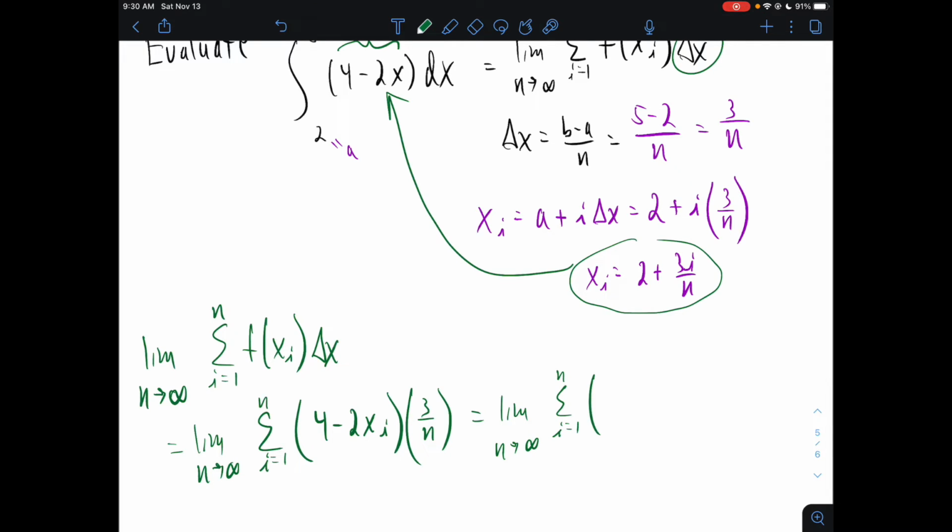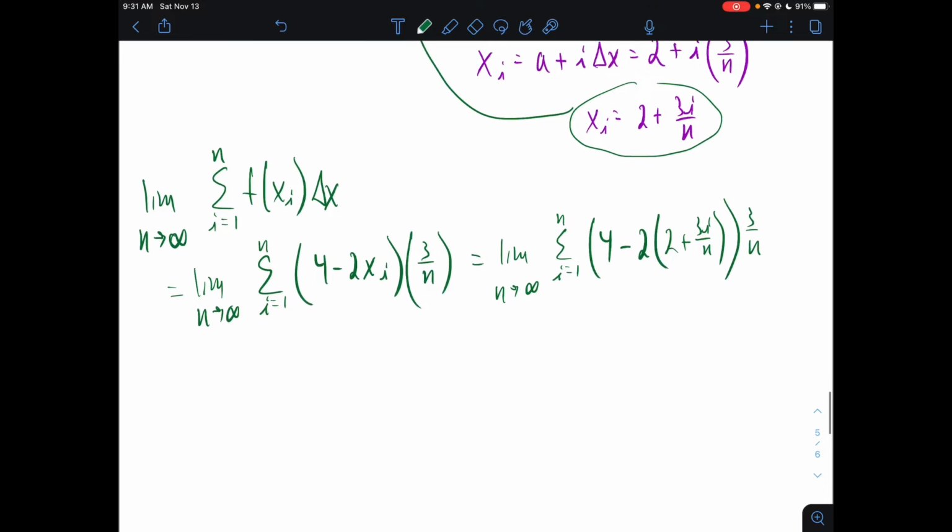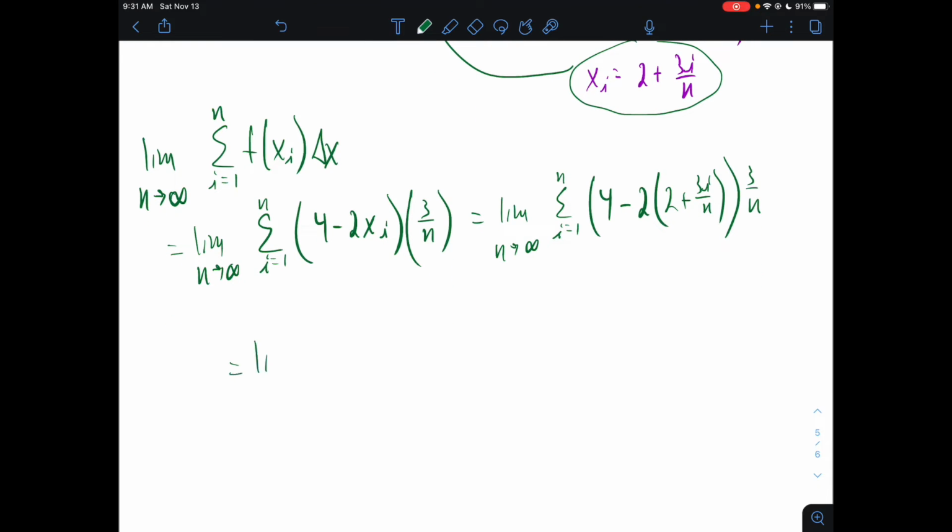Okay, so now let's plug in what we have for x sub i. So 4 minus 2 times, now I'm going to substitute in 2 plus 3i over n. And now we can start simplifying what we have inside of this sum. So first of all, I'm going to distribute my 2.